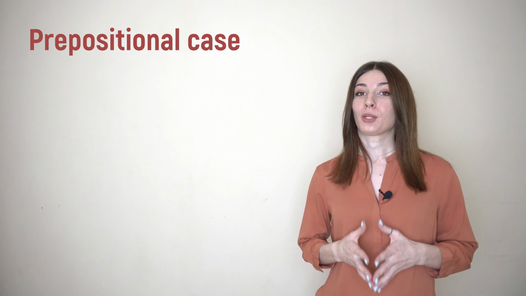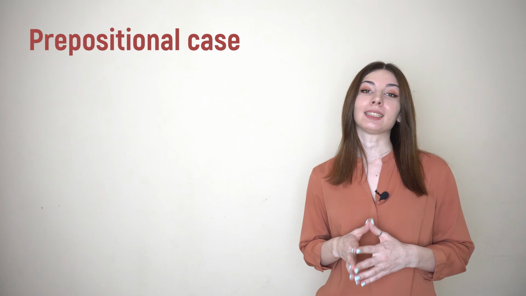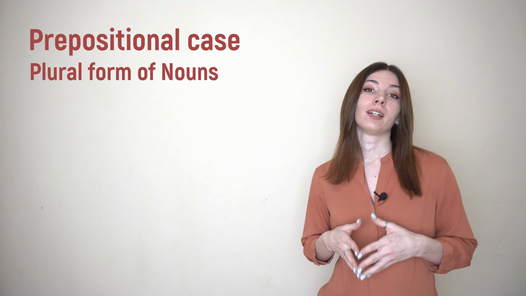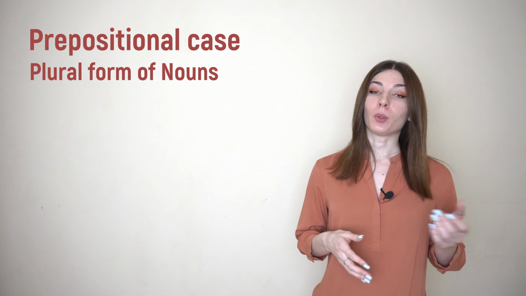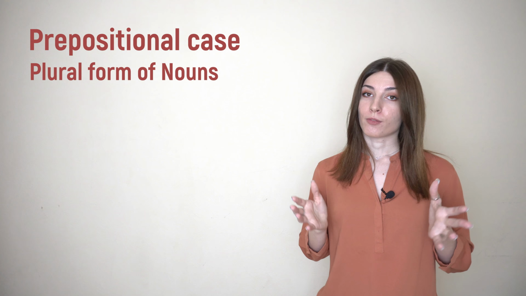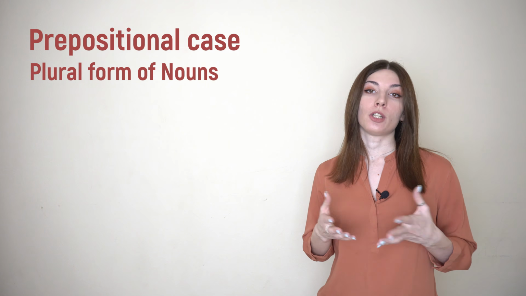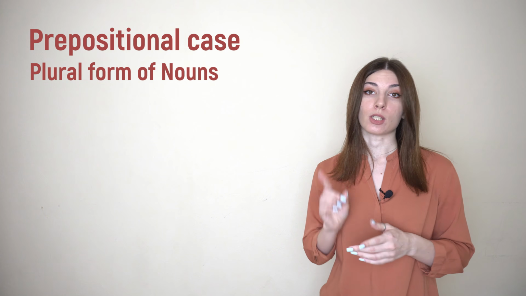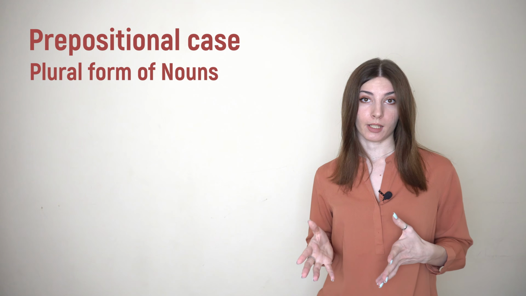Okay, we covered all the basics and now let's take plural form because also when we talk about plural objects we will need to put them in the prepositional case. Here, fortunately, we don't need to think about the gender because in plural we don't have genders. We will have just one form for everything.